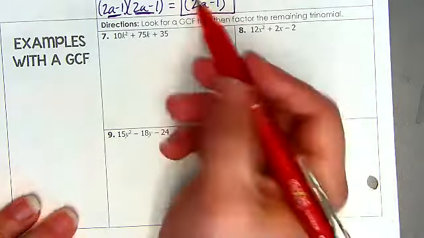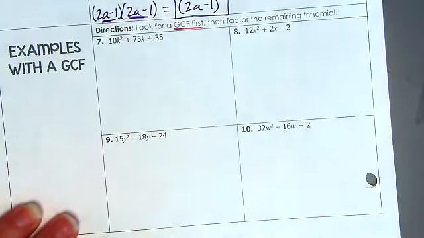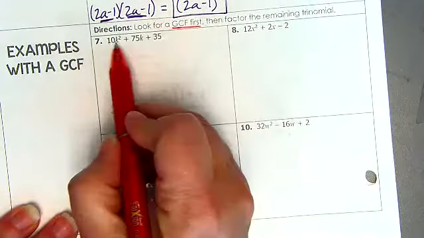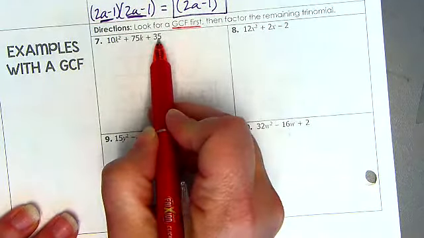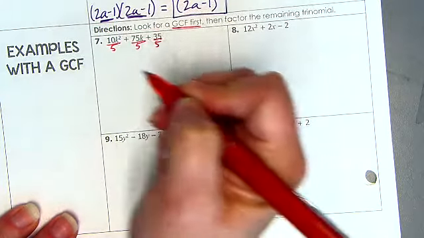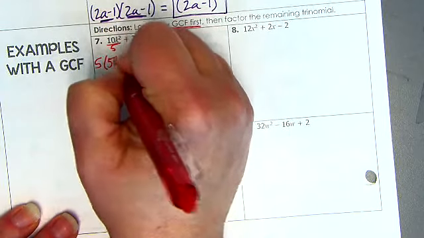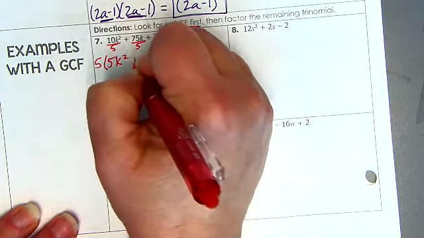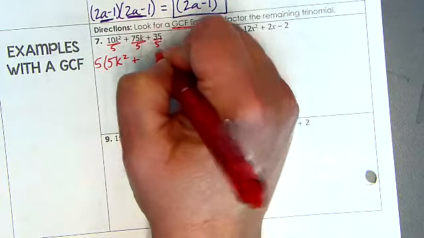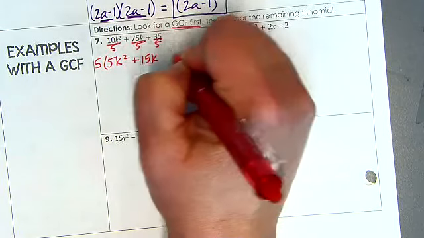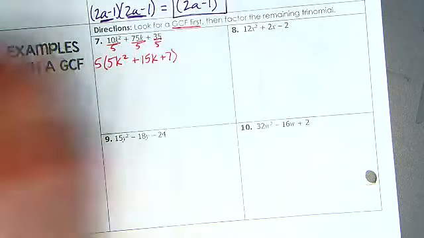Okay, this is where we got to remember. Now we're pulling in, having to look for the GCF first. Okay, so first things first. Oh, they're all divisible by 5 for sure. So therefore, I can factor out a 5. 5, open parentheses. So now I have 5k squared plus 15k plus 7.